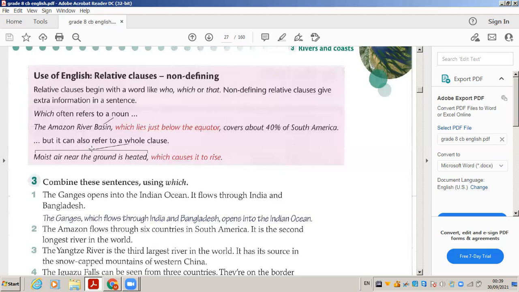But it can also refer to the whole clause. For example, moist air near the ground is heated, which causes it to rise.